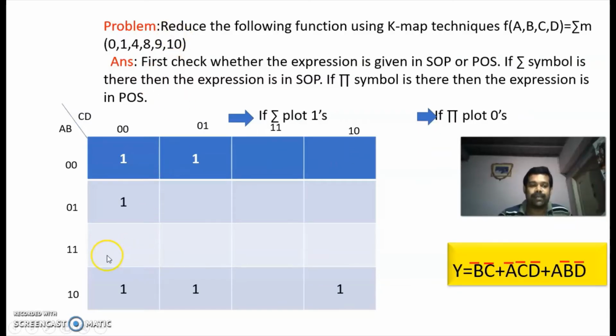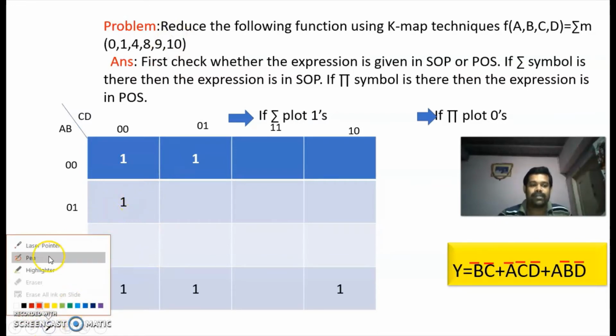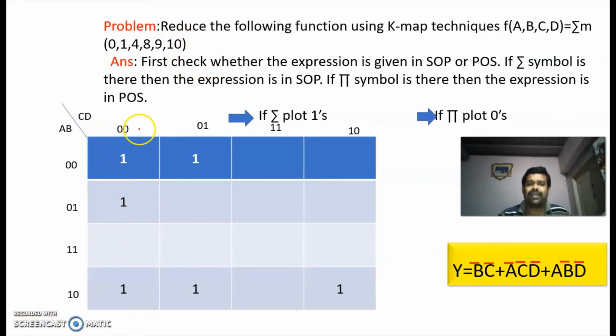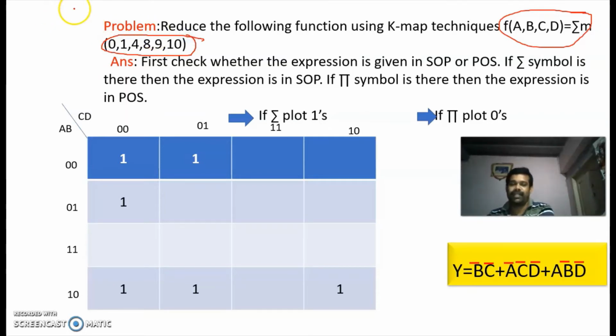Next we are going to see a problem. So here reduce the following function using K-map. The function is f of a, b, c, d is equal to summation of m 0, 1, 4, 8, 9, 10. This is a given function, and this function is given in SOP.